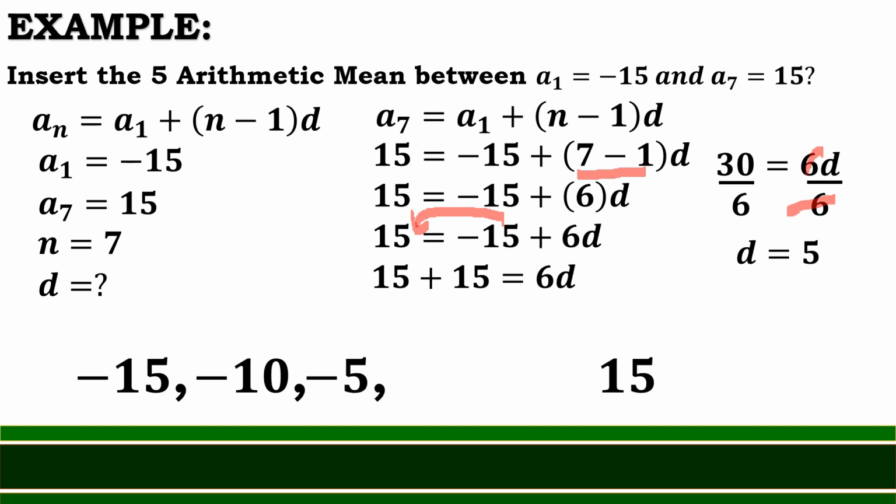Then negative 5 plus 5, subtract natin, have 0. Then 0 plus 5, of course, you have 5. And 5 plus 5 will give you 10. Therefore, the 5 arithmetic mean between negative 15 and 15 are negative 10, negative 5, 0, 5, and 10.